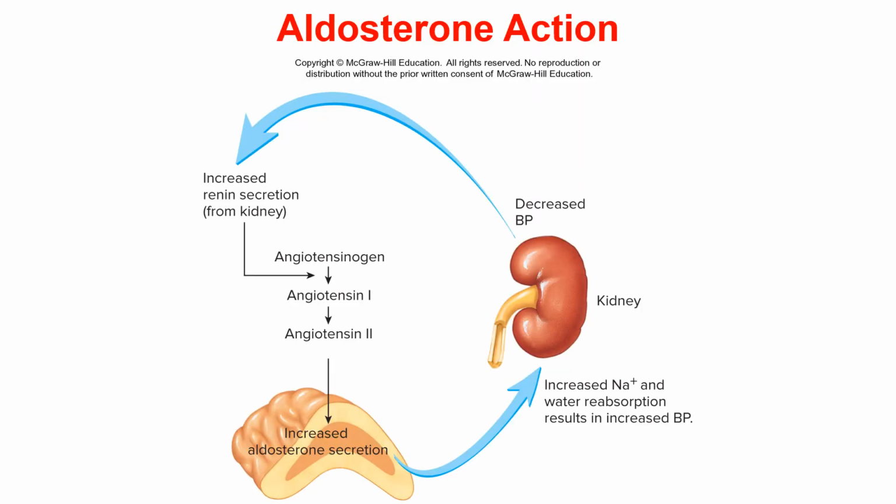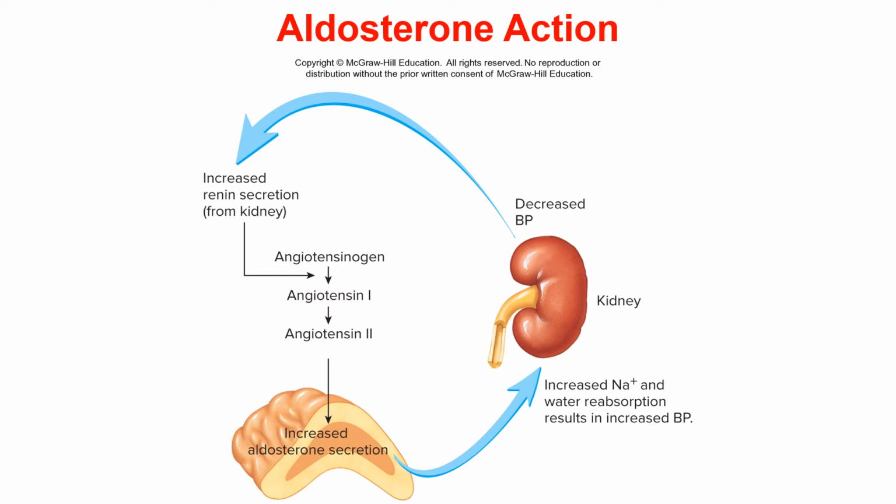So in here, this is the aldosterone action, aldosterone and the regulation of sodium and water in your extracellular fluid. When there's a presence of low blood pressure, it stimulates the renin secretion from the kidney.